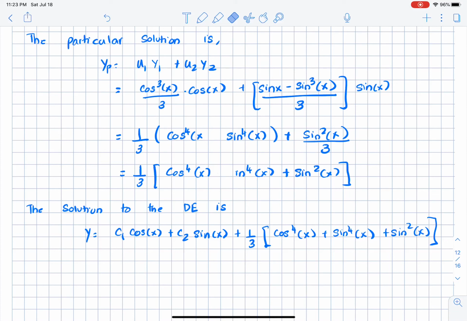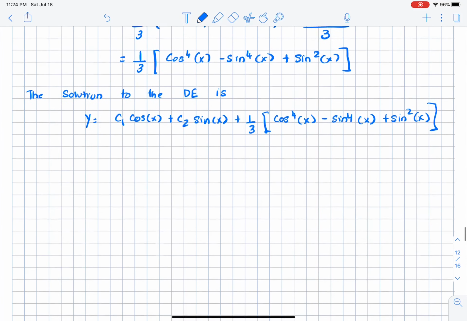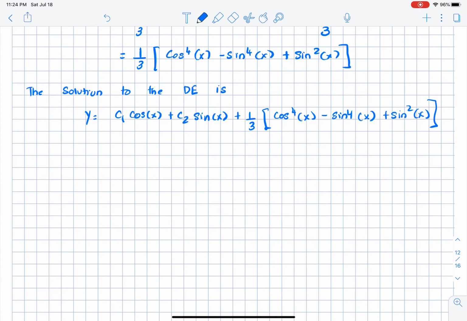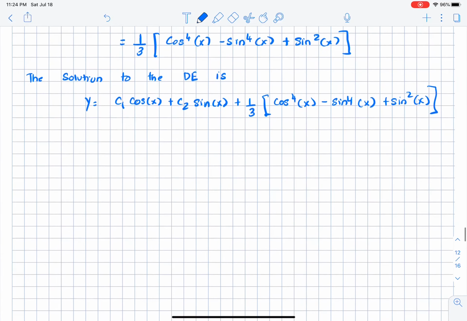I'm going to go back and change the sign in the previous problem. I think now this particular problem can simplify relatively easily, but we can leave it as is.